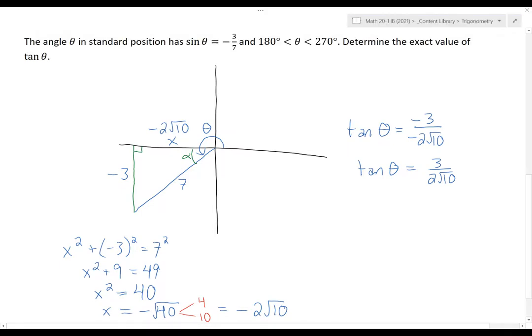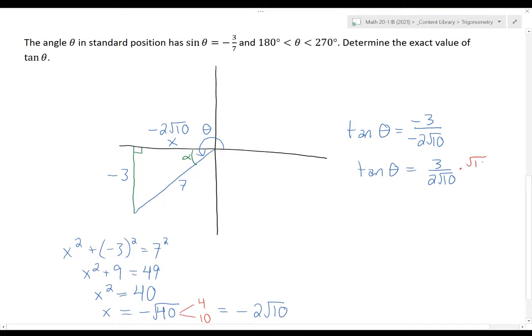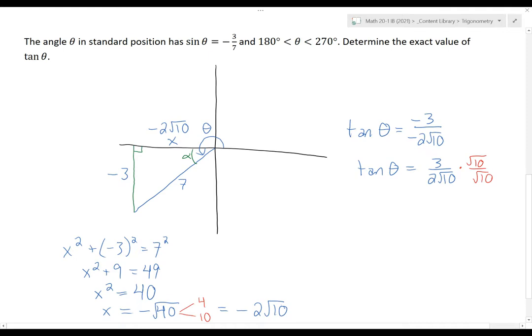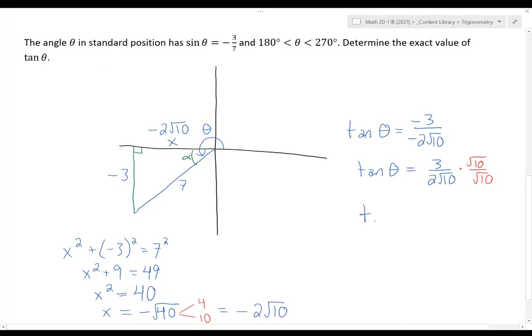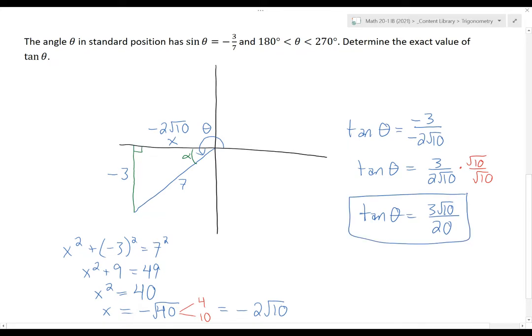And then I want to rationalize the denominator, so multiplying by root 10 over root 10, we end up with the tangent of theta equal to 3 root 10 divided by 2 times 10, which is 20. So if an angle has a sine of -3/7, and if that angle is between 180 and 270 degrees, then the tangent of that angle has to be 3 root 10 over 20.